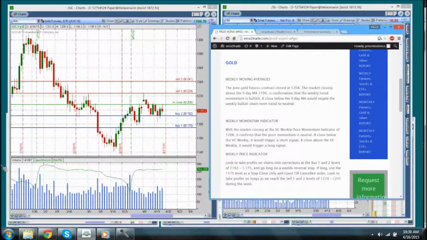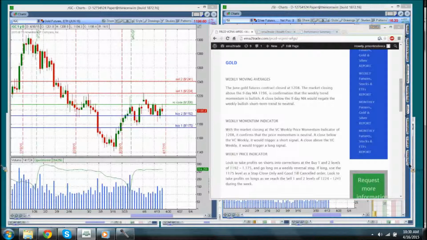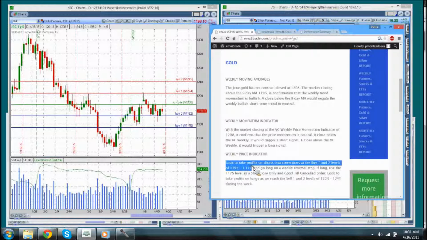A close below the VC Weekly would trigger a short signal, and if it triggers a short signal, it's telling you to look to take profits at the 1192 to 1175 levels. If it closes above 1208, this bearish signal would be negated.